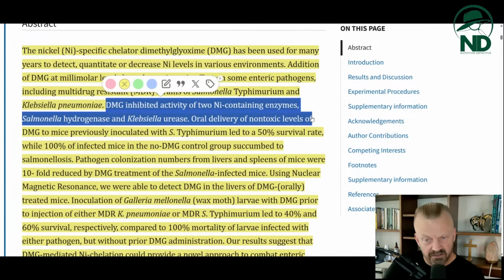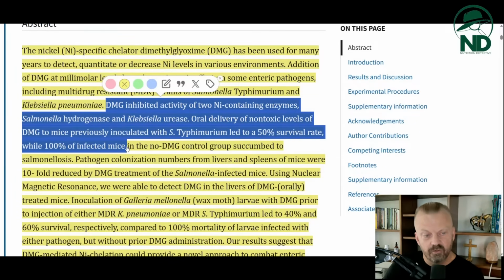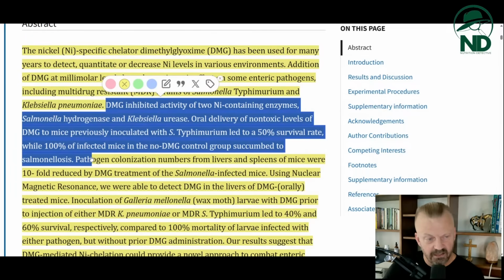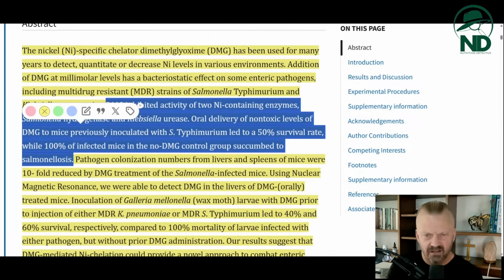Oral delivery of non-toxic levels of DMG to mice previously inoculated with S. typhimurium led to a 50% survival rate, while 100% of the infected mice in the no DMG control group succumbed to salmonellosis. So they injected whatever the Salmonella toxic brew was. Do I think it was just bacteria?